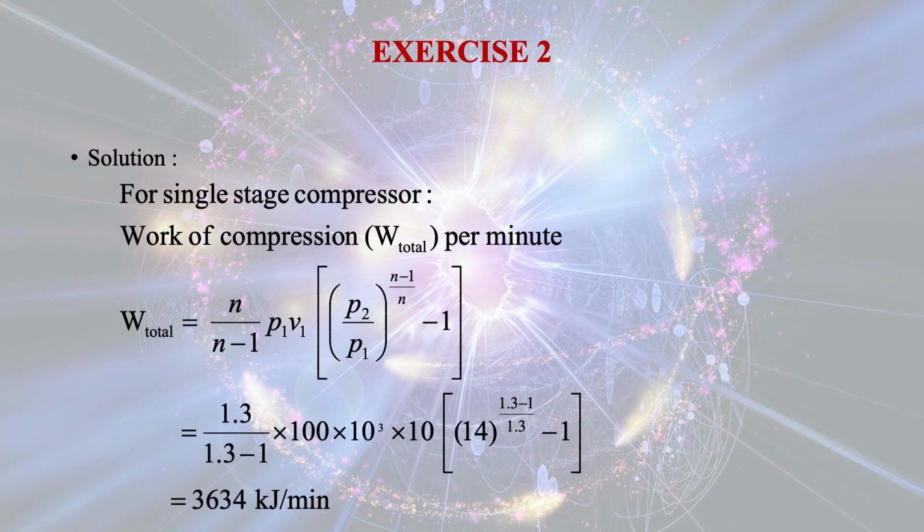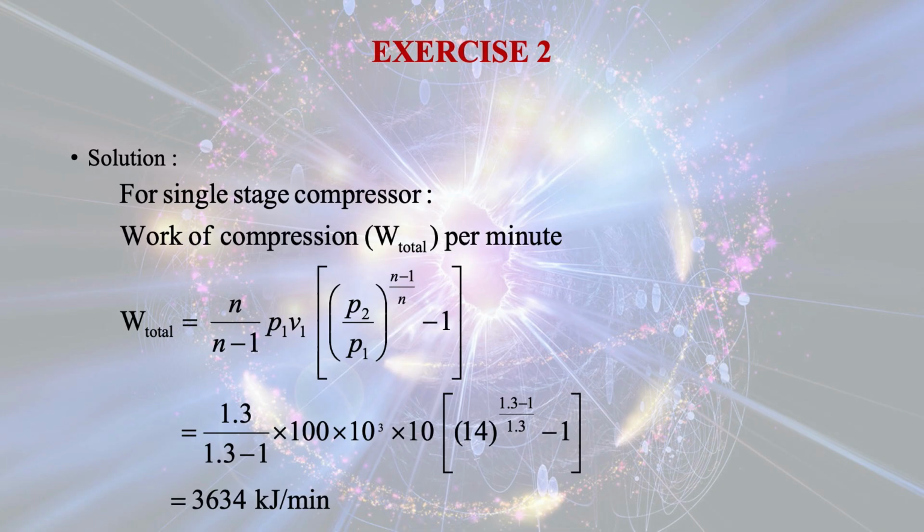Now for a single stage, that is from P1 to P2, from 100 kilopascal to 1400 kilopascal, how do we calculate the work done? We will proceed in the same way: W total is equal to n divided by n minus 1, P1 V1, multiplied by P2 by P1 whole to the power n minus 1 by n, minus 1. But in this case, dear learners, how to solve? See what values are given for this particular problem.